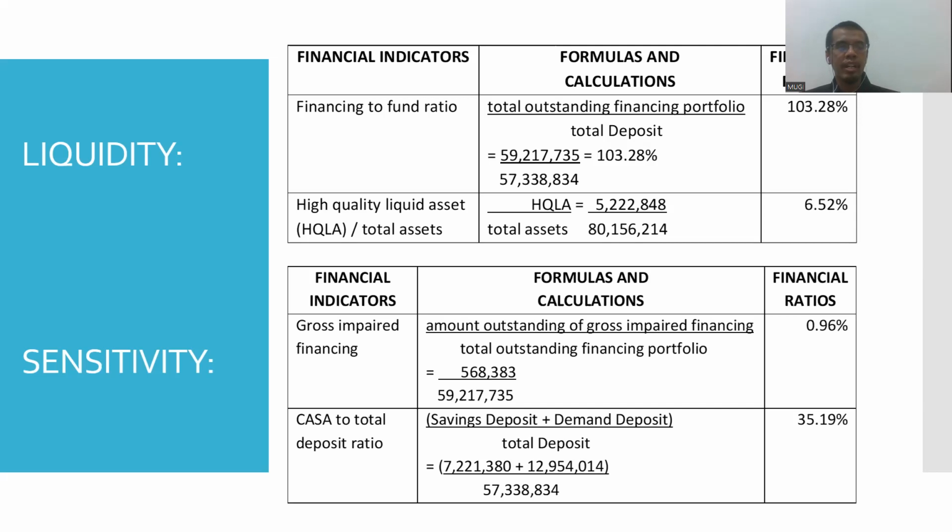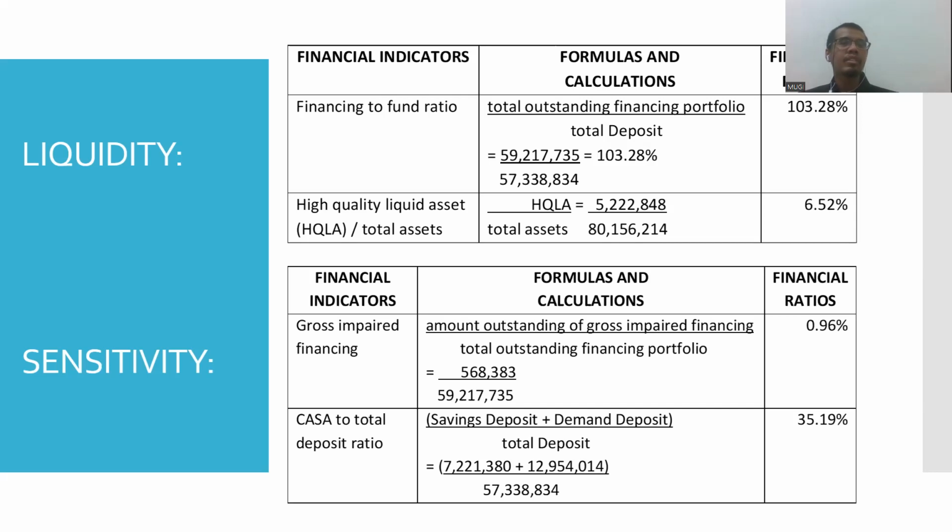Like I mentioned previously, the CASA deposits are only 35%. This is the less expensive cost of fund, and that's why the other 65% of the deposit money in Bank Islam Malaysia Berhad is supplied by term deposit, which is expensive.